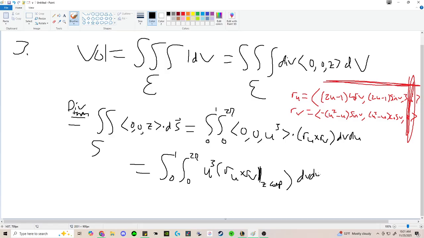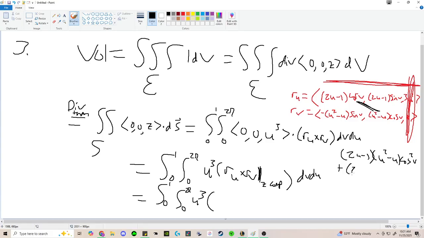This is dv du, which is the integral 0 to 1, integral 0 to 2 pi of u cubed times, so this cross here will be 2u minus 1, u squared minus u, cosine squared v, plus the same thing, 2u minus 1, u squared minus u, sine squared v. Cosine squared plus sine squared is 1, so we've got 2u minus 1, u squared minus u, dv du.